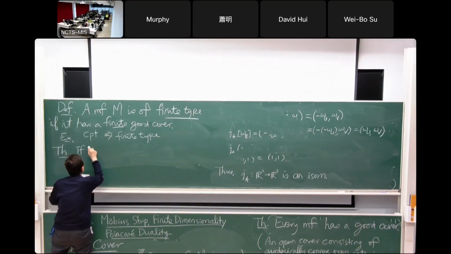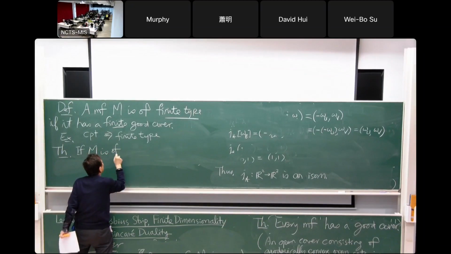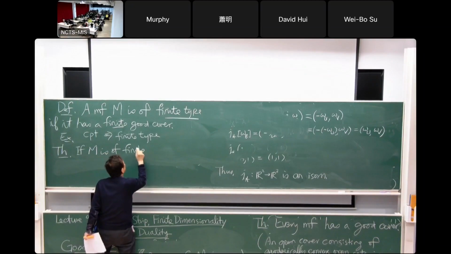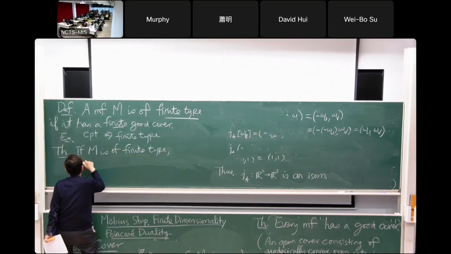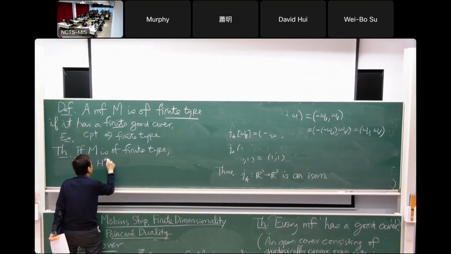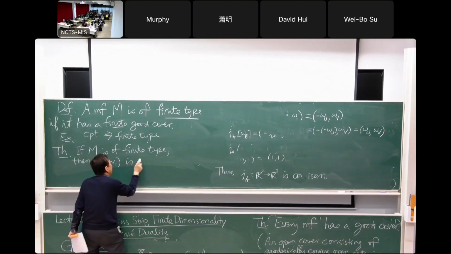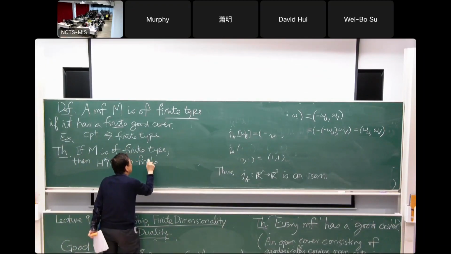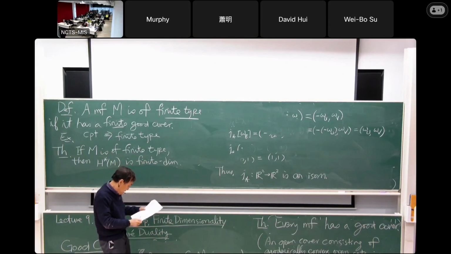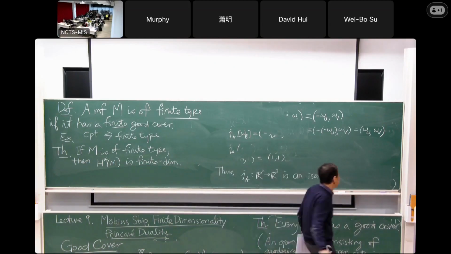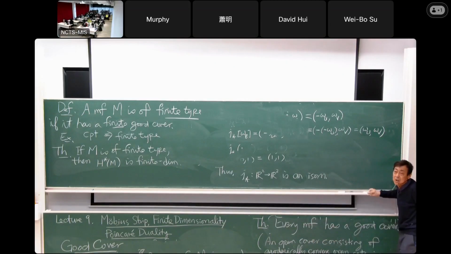The way we're going to prove this is by induction on the number of open sets in a good cover.